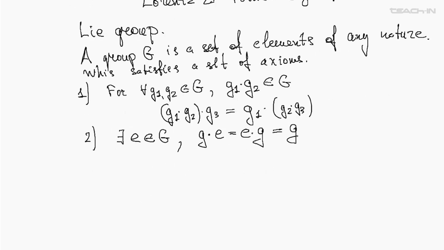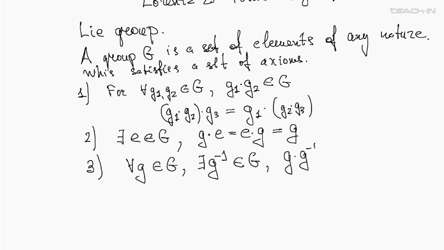And the third very important axiom is that for any element g from the group, there exists an inverse element g minus 1, such that g multiplied by g minus 1 is equal to g minus 1 multiplied by g, which is equal to e. So this is the definition of a group.